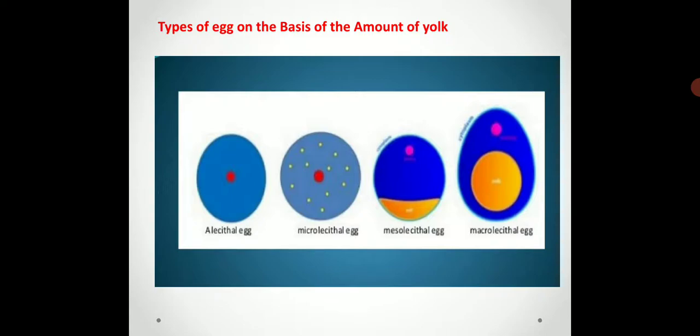And the fourth is macrolecithal, with a large amount of yolk. In this picture, you can clearly make out the difference between the different types of egg classified on the basis of amount of yolk.